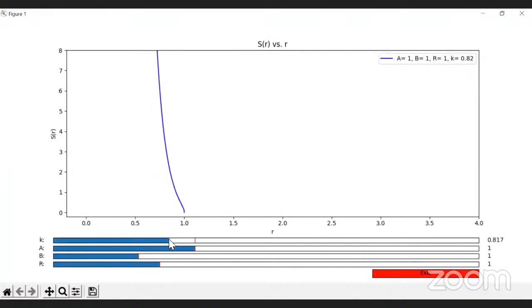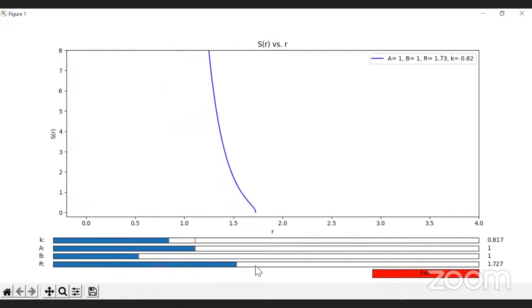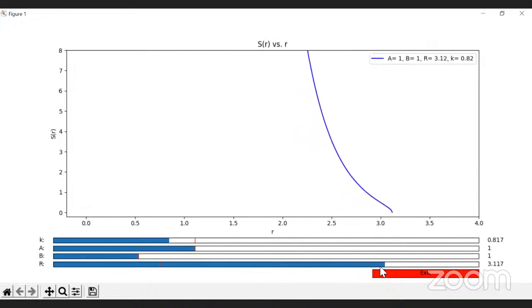Now, as I mentioned previously, R is the Schwarzschild radius. So it restricts up to which value of R the anisotropic effects will be seen. As you can see, now R is changing, and the value of R up to which the anisotropic effects are shown is also changing. If R is 3, the anisotropic effects are being shown up to 3.